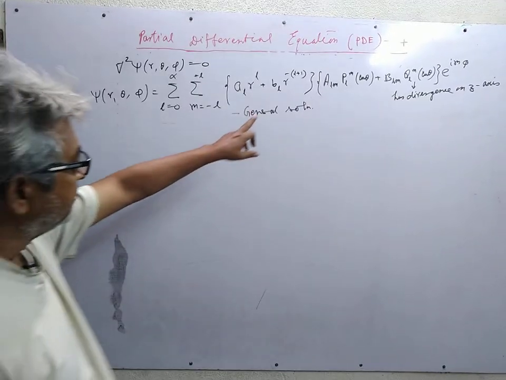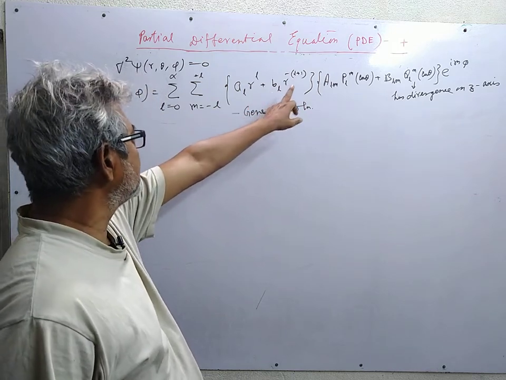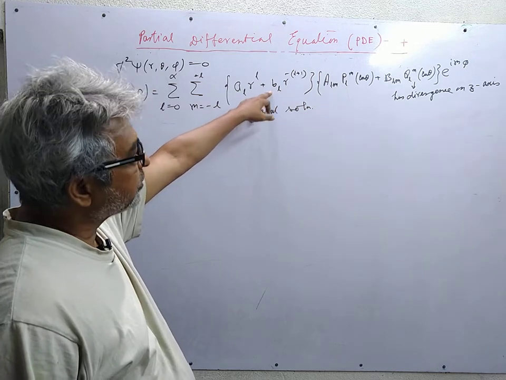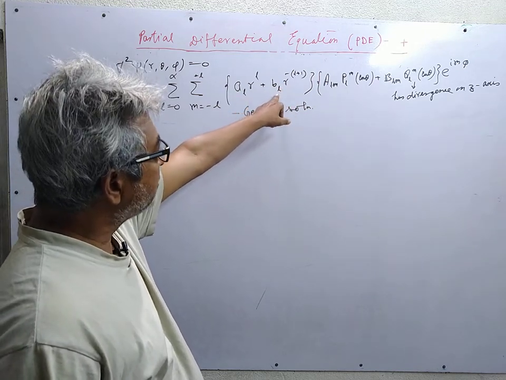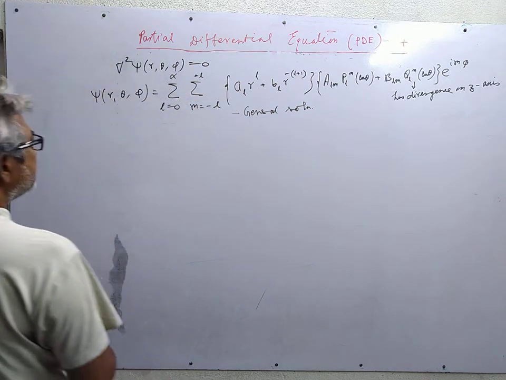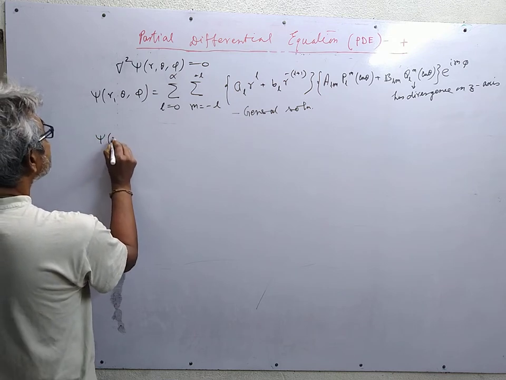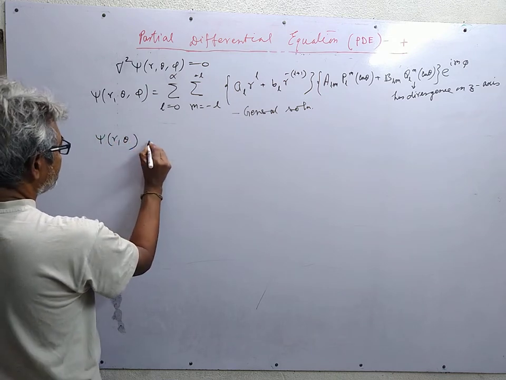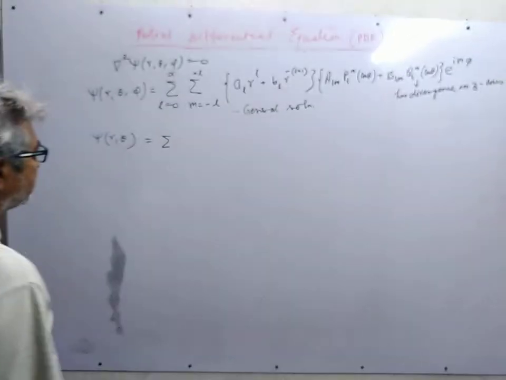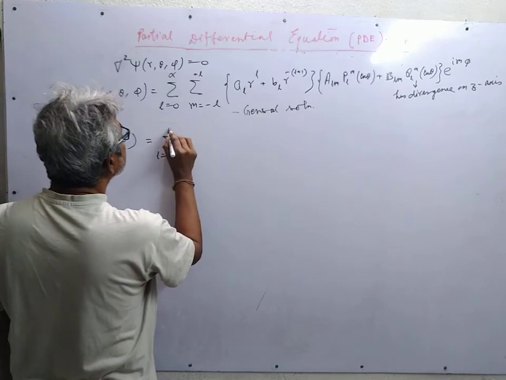One more thing. If the region under consideration includes the r equal to 0 region, then one must set B_L equal to 0, because otherwise there will be a divergence. And now the special case: if the system has azimuthal symmetry, that is the solution is independent of phi, then M must be 0 and this sum is no more there.